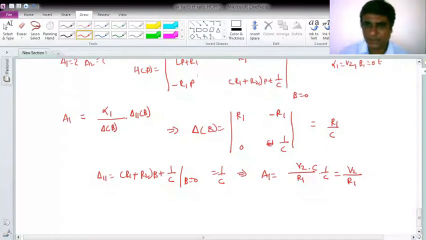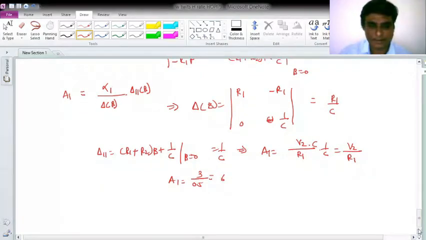Okay, and V2 we know is 3 and R1 is 0.5 ohm, which comes out to be 6. So your particular solution for the first case is 6 amperes.